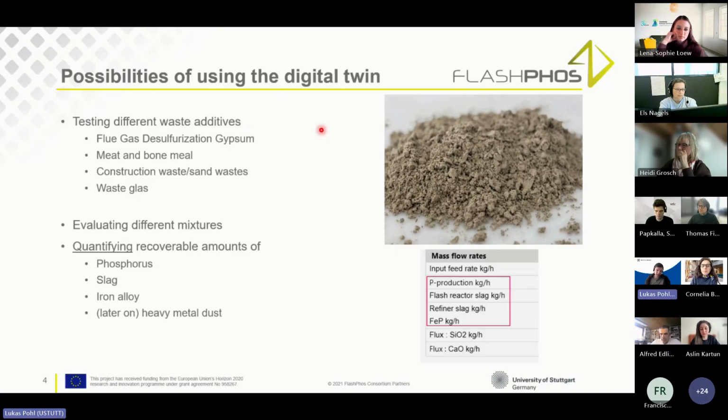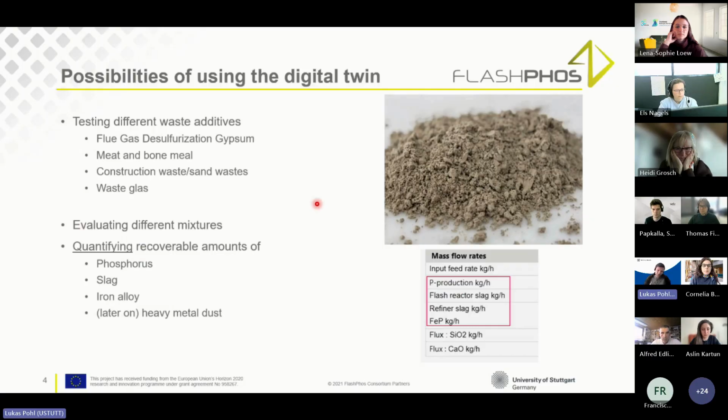So really finding out what they are made of is difficult. So the digital twin already helped us there. We could try out, we did this in a master thesis, different compositions of waste materials and could already see which influences this has on our products from the FlashPhos process.